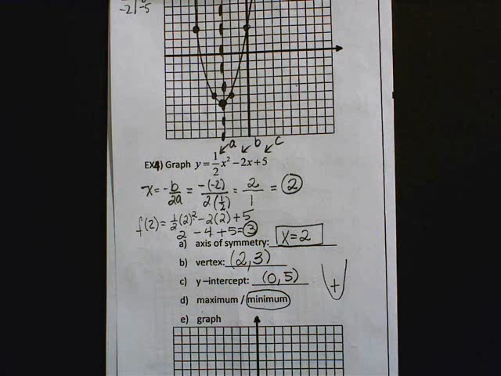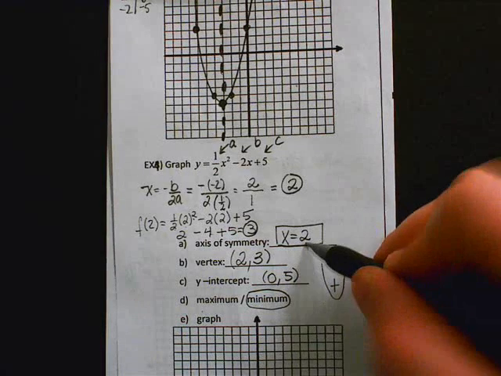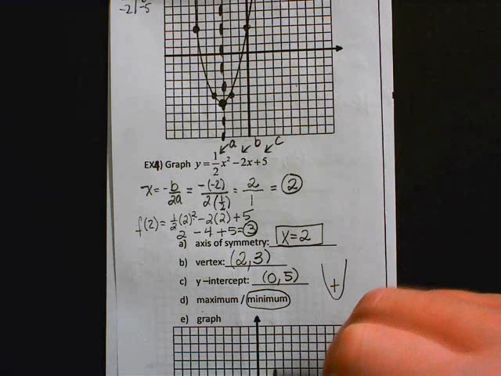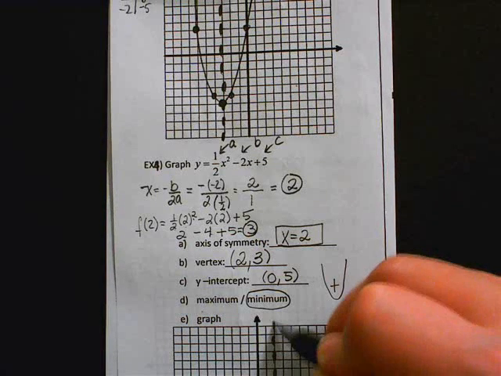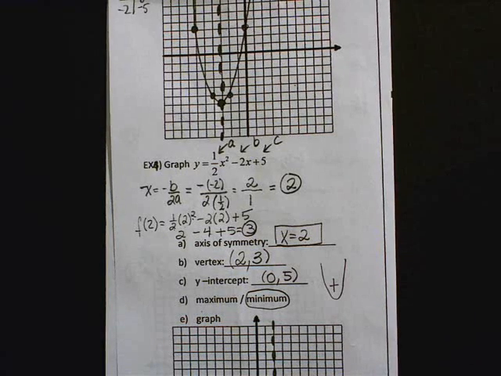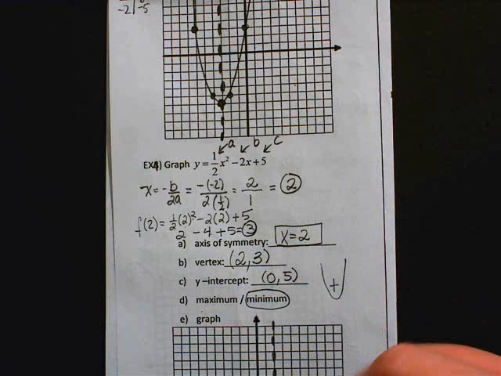Alright, with this information now I'm ready to graph. So I'm going to start with x equals 2 for my axis of symmetry. And then I'm going to use my vertex, which is 2, 3.